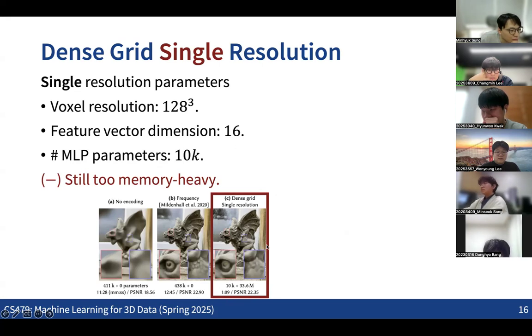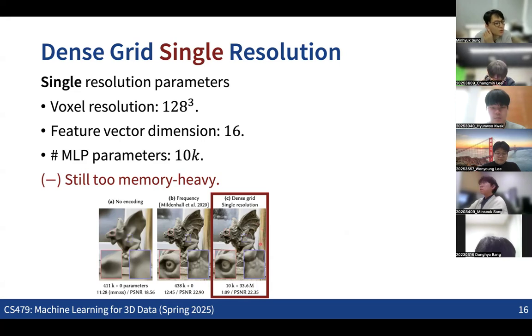So let me switch to the pointer. Yes, compared to the NeRF case taking 12 minutes, this takes only 1 minute with about the same quality, but it still takes way more memory than the NeRF case, right?